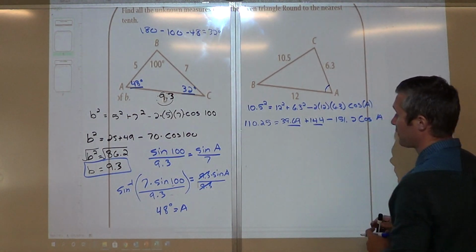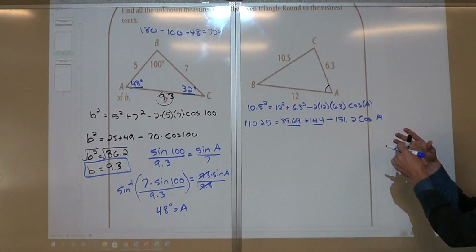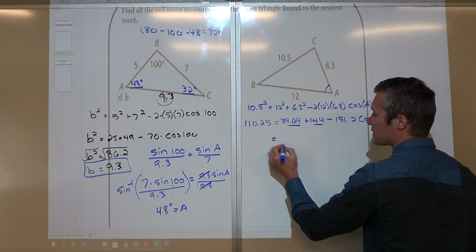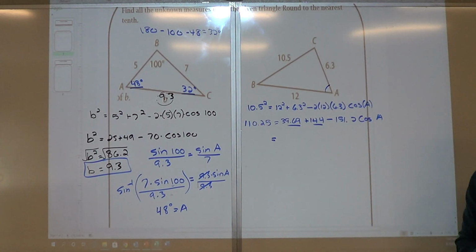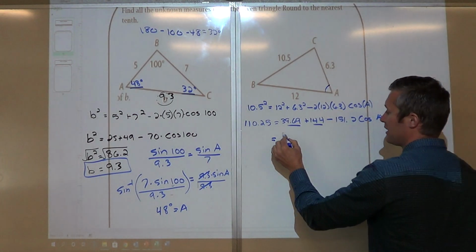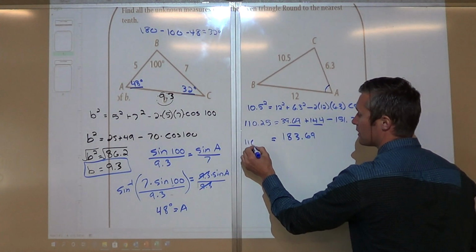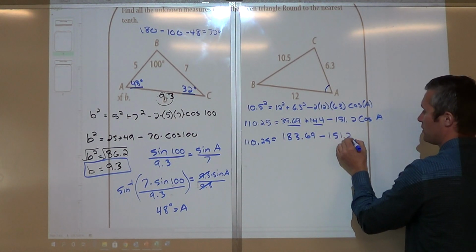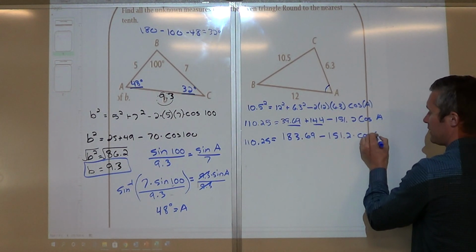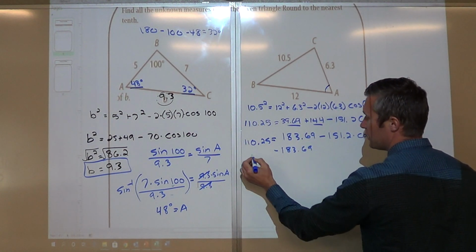I can add these together. I can't subtract this 100 because it's 100 times cosine A. So cosine A is attached to that. So when I go ahead and do that, I get 183.69 minus 151.2 times cosine A.